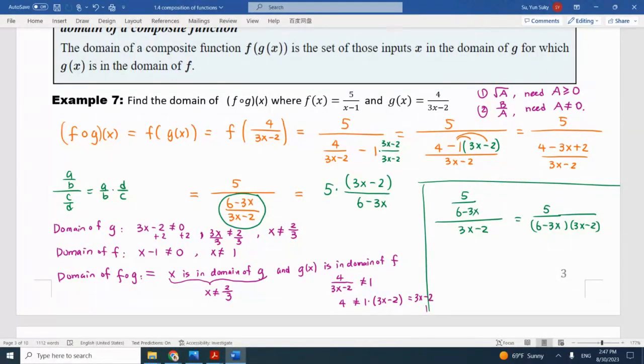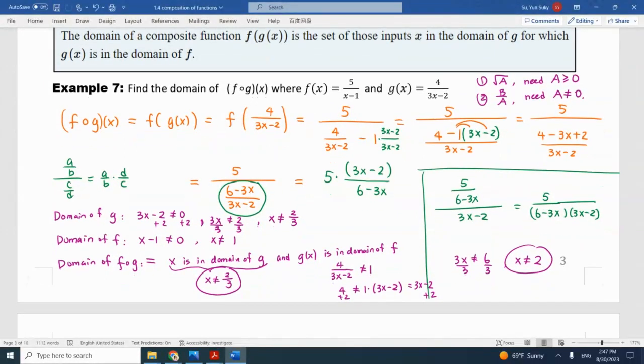And what do you do? You add 2 on both sides. We get 3x not equal to 6. What do we do next? Divide by 3. So x not equal to 2. You get x not equal to 2 and x not equal to 2/3.